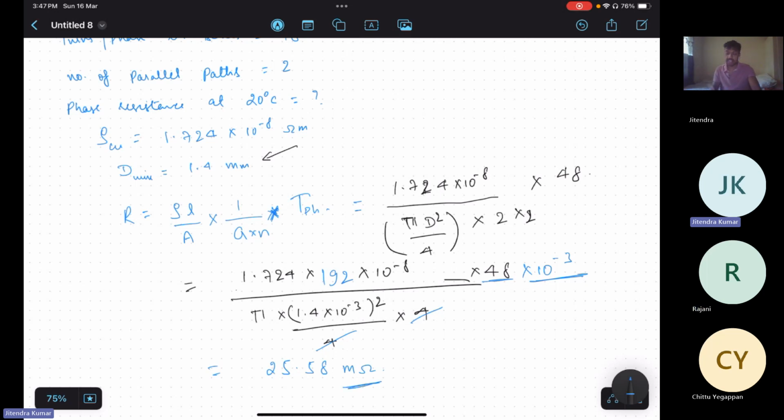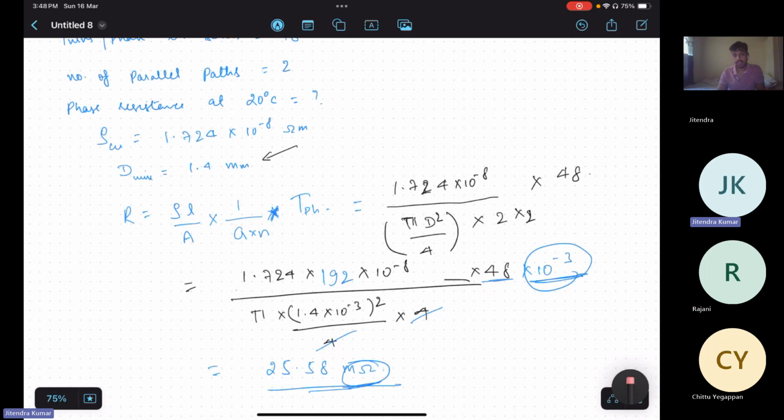Your value is correct. You might have increased the number of terms, or it is also possible that the unit is wrong, but it's what was mentioned in the options. So anyway, this is a calculation, so you can do it.